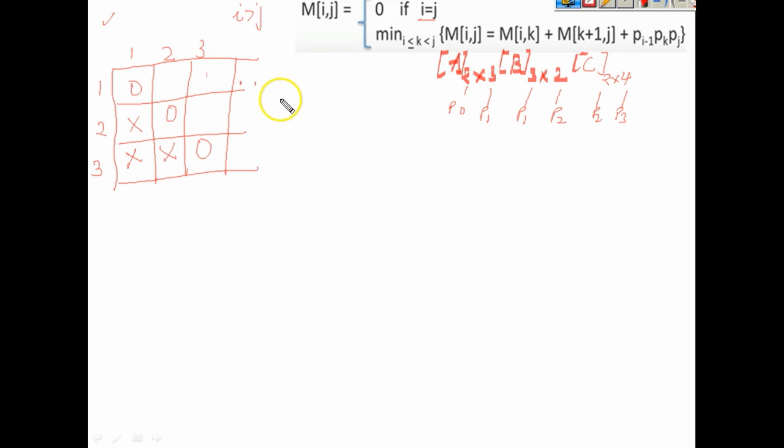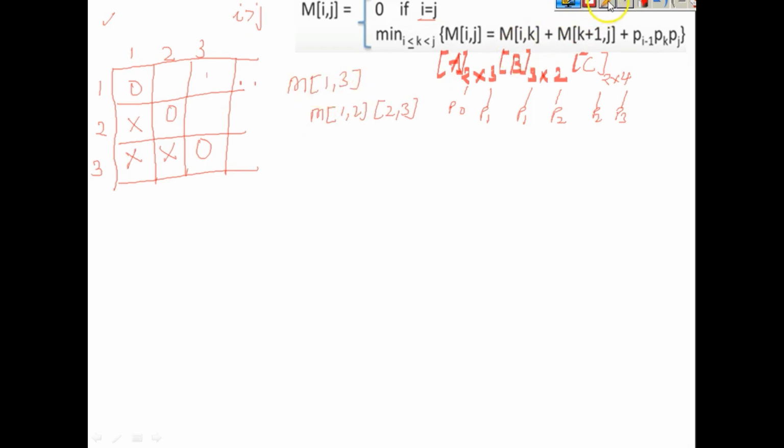Also, we use a memo, some internal storage, to store the intermediate results. So if I want to find M13, rather than finding M13 directly, I will solve the subproblems, that is M12 and M23.